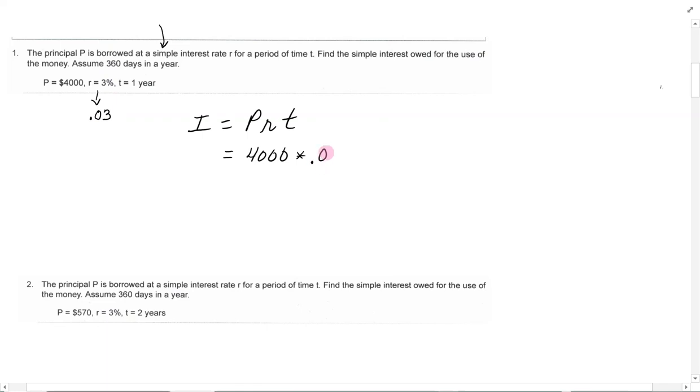So it is 0.03 times the time in years, which is 1. I would type those numbers into my calculator to multiply, and I would get $120. And that is the simple interest that you owe.